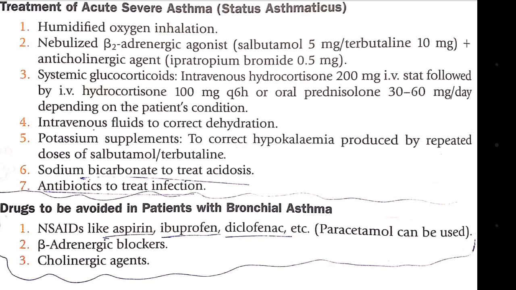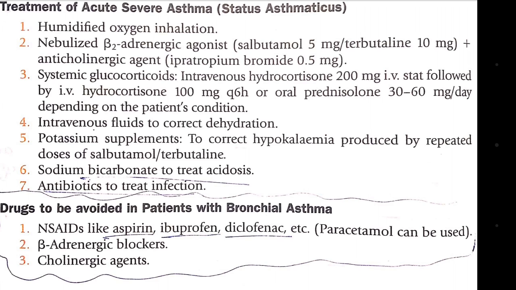Then next you give intravenous fluids to correct the dehydration. Next, you give potassium supplements because hypokalemia may be produced due to salbutamol and terbutaline. Next you give sodium bicarbonate, which is used to treat the acidosis. Next you give antibiotic in case there is infection in order to treat that.